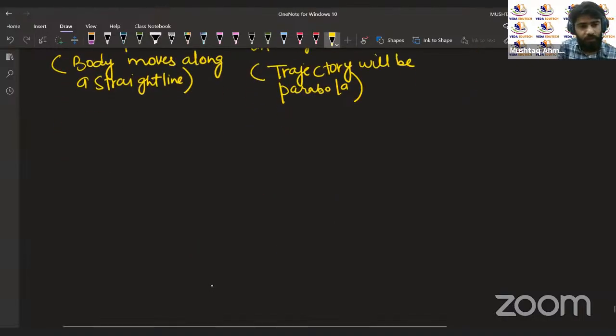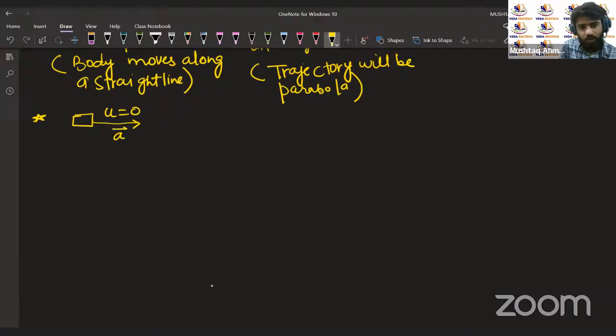Let's suppose that the body was initially at rest, so u is equal to 0. And suddenly we apply some force or we accelerate this body, then this body is always going to follow the direction of the acceleration, or it is always going to follow a straight line path, correct?